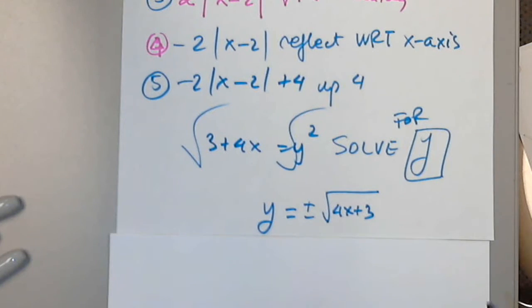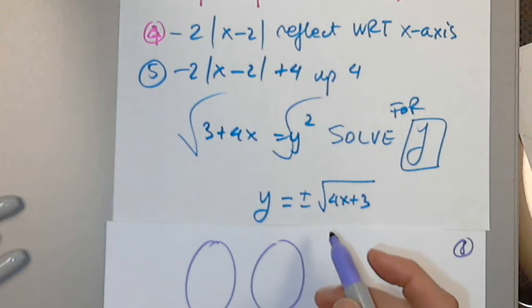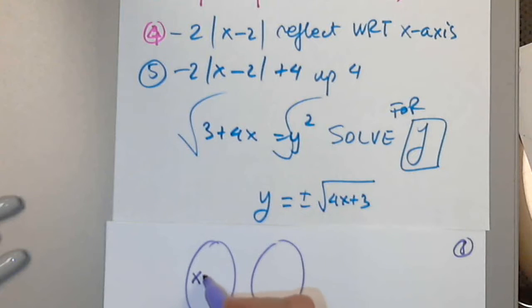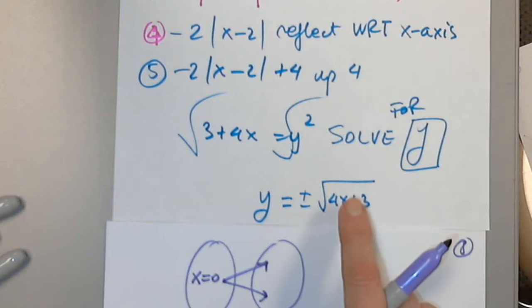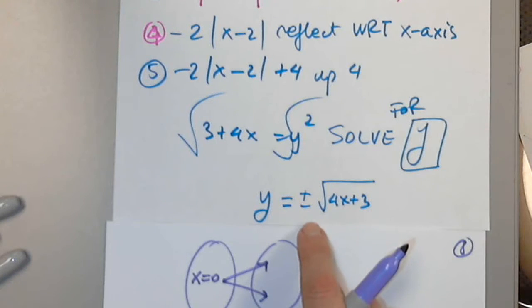So the point I'm making is this. If I look at bubbles as we did before, and let's say I make x equals 0, how many different y values do I get when x is 0? 0 plus 3 is 3, the square root, but plus or minus.